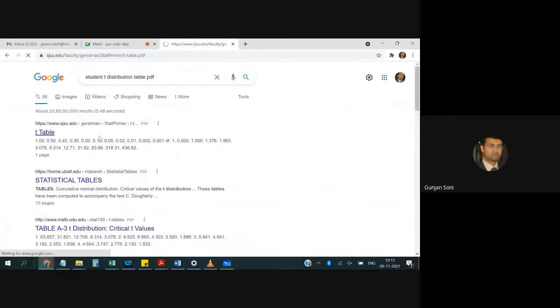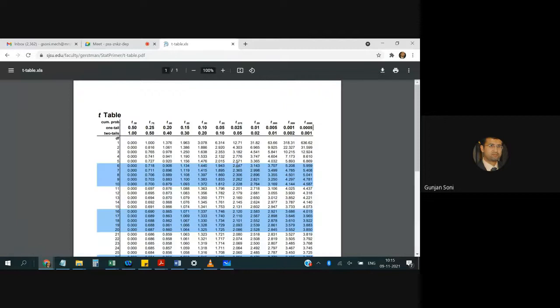So this PDF is opening. Now let me explain this table which we have. See, the value of t depends on the number of observations, unlike z, unlike the normal distribution. The t distribution depends on the number of values which we have, and using this we find the degrees of freedom.